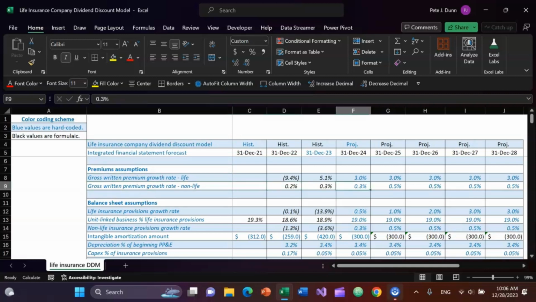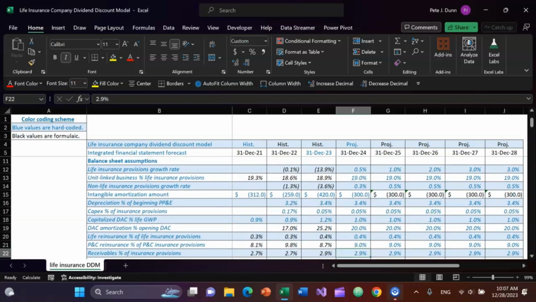I have assumptions hard-coded in: gross written premium growth rates for both life and non-life businesses, the life insurance provisions growth rate, how much of the life insurance provisions are unit linked, so I'm assuming 19%, property and casualty provisions growth rate, intangible amortization, I straight line that's equal to F15.